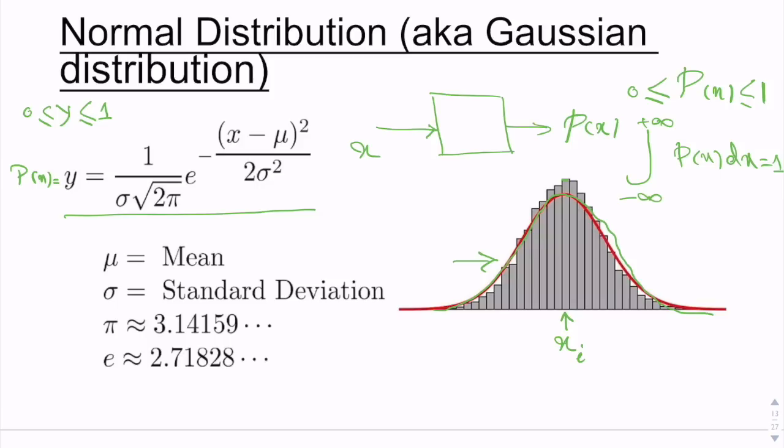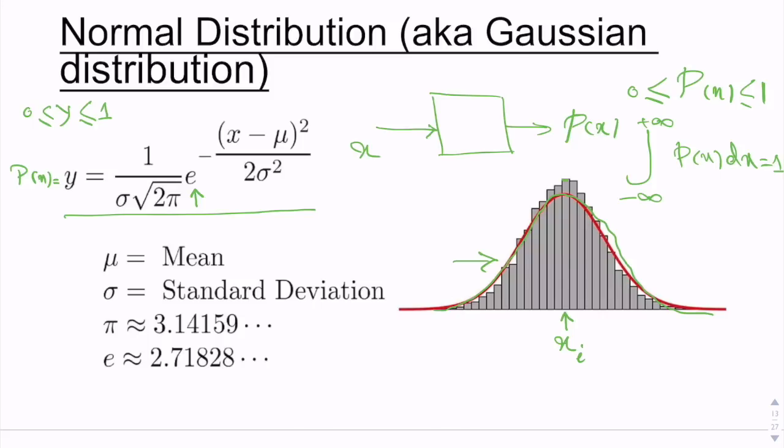This is the form of the probability distribution. Normal distributions are a subcategory of exponential distributions. These distributions are called exponential because there is an exponential term here. So e here is an exponential function.